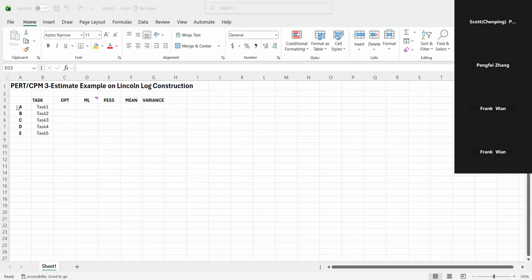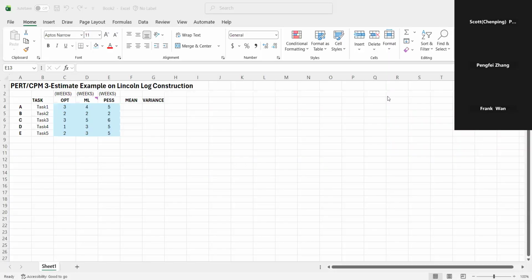And we have activities A, B, C, D, E, or task 1, task 2, task 3, task 4, and task 5. From the given information, let's enter the information one by one. So look here, this is the given information.